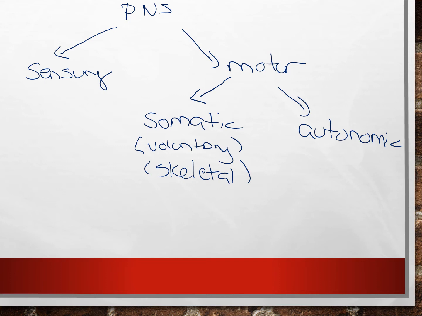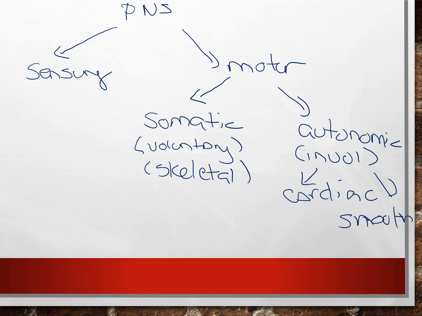So I'm just going to put involuntary, and so this will be cardiac and smooth. And again, sorry for my messy handwriting, it's just hard to do on this computer screen. But with automatic, we have cardiac and we have smooth. This is controlled by the part of your brain called the cerebrum.